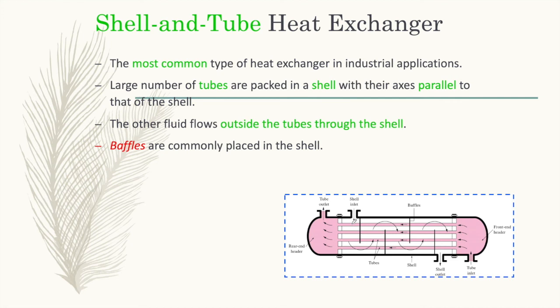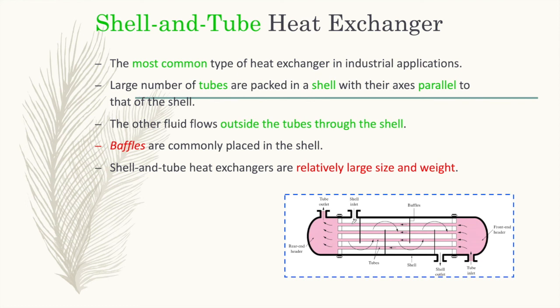Okay, and if we put the baffles, it will increase the contact time, which means that the time in the heat exchanger will be enough to transfer heat from the hot fluid to the cold fluid, for example.